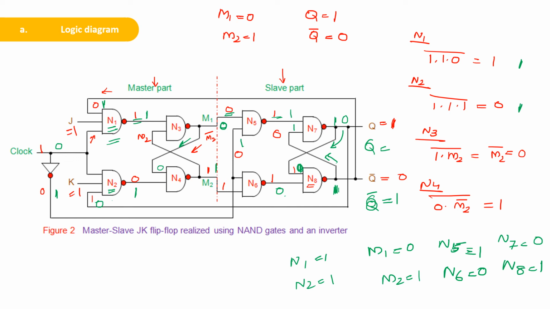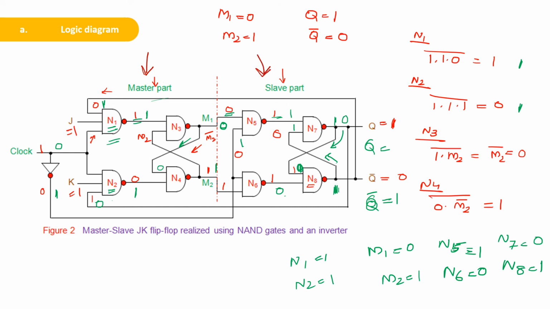Now from this we can understand that when the clock signal becomes high, during the positive half cycle, your master part will work. Now for the negative signal, only the slave part will work.